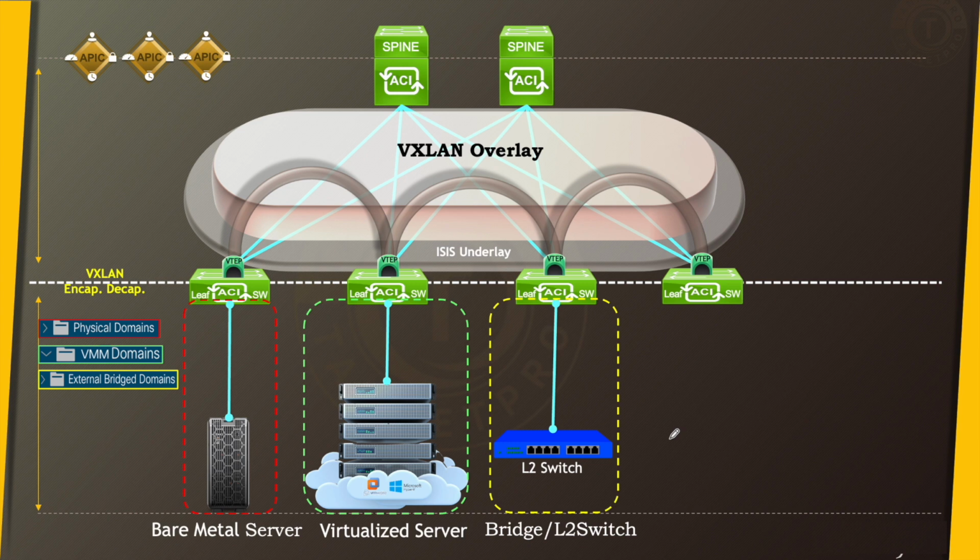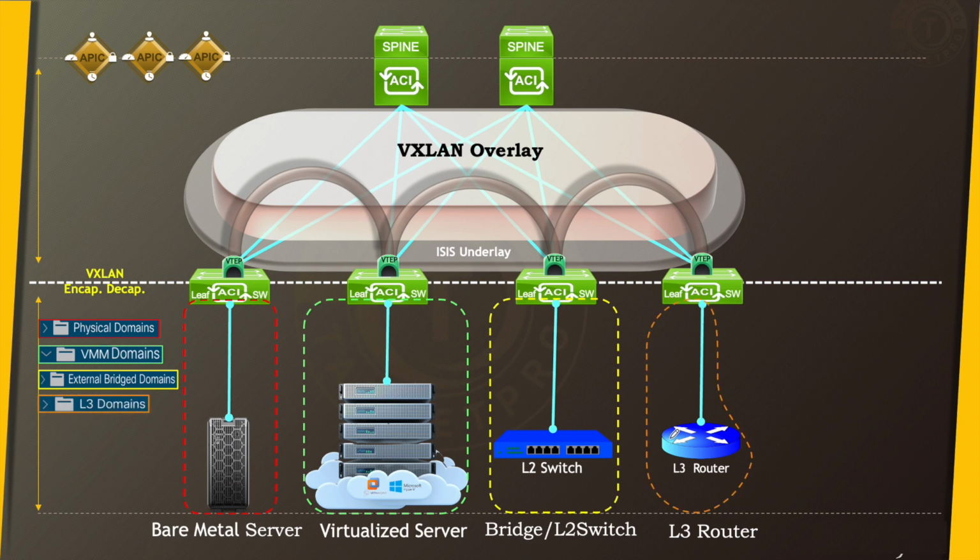Now in a similar way, if you connect any L3 devices, what about that? Whenever we connect any L3 devices, we have to create an L3 domain. Now, why does an L3 device or L3 switch need to be connected? Because your data center needs to communicate with the outside world, right?